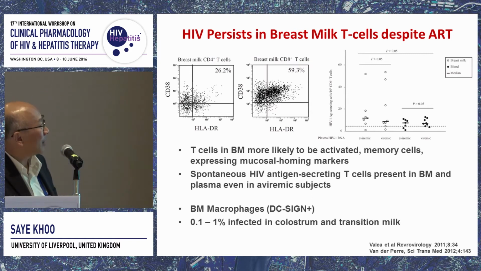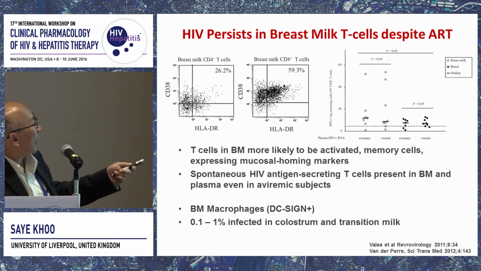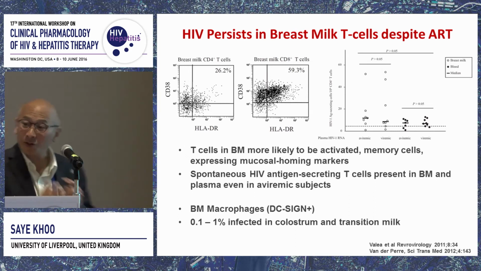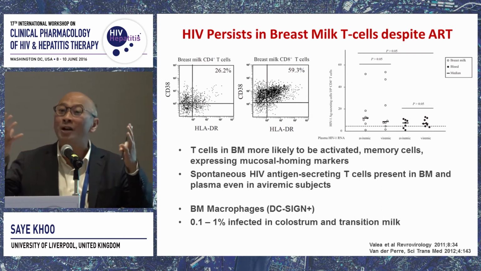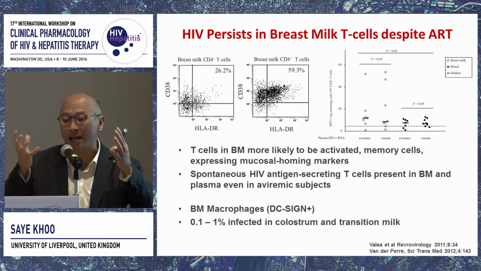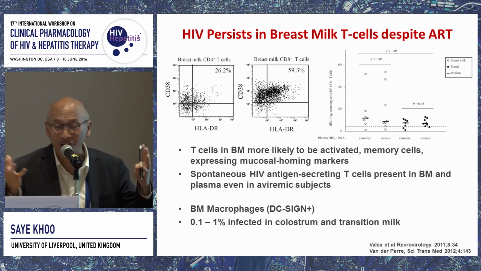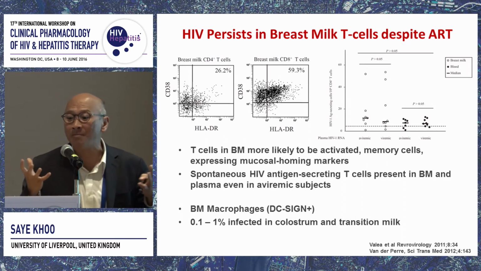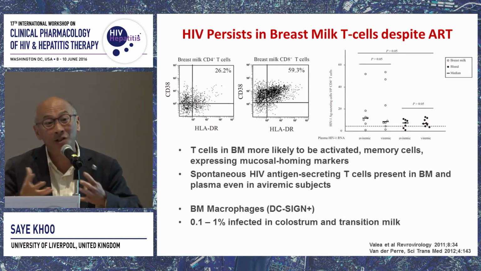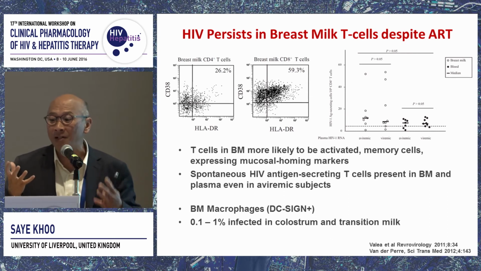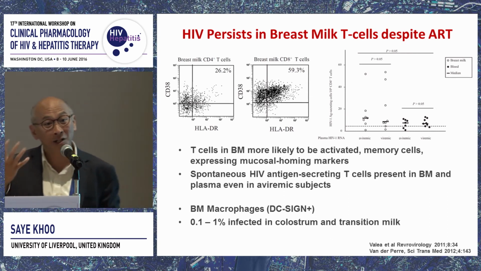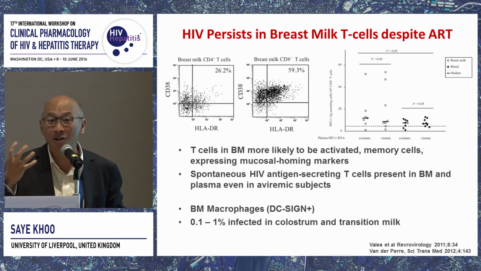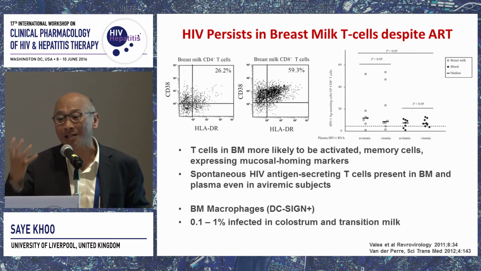The same French group looked at T cells within breast milk, which is of course rich. There's a lipid fraction, there's an aqueous fraction, there's a cell fraction, and the cell fraction is rich in macrophages and T cells, and the T cells are very likely to be activated memory cells, and more recent data suggests they have mucosal homing markers. So really, this is a high-risk situation.